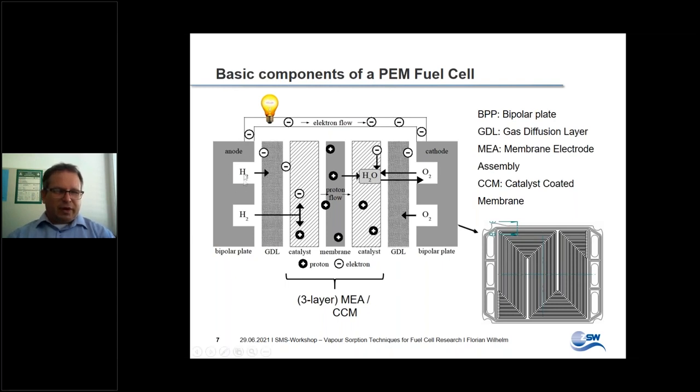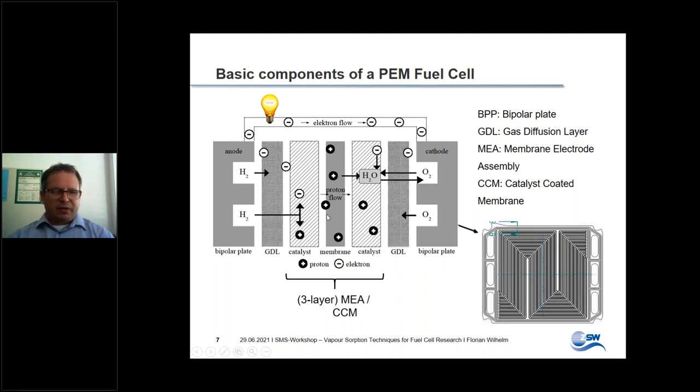we have hydrogen gas coming into the cell, being distributed via those channels of the so-called bipolar plate. Then the gas diffusion layer, GDL, serves to further distribute these gases. They are transported through the GDL onto the catalyst layer of the anode side, where the hydrogen is split into 2 protons and 2 electrons.